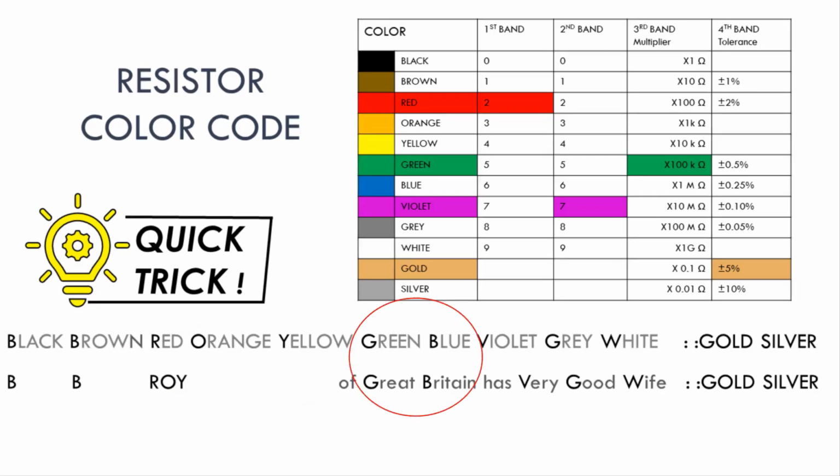Then Great Britain, Great G represents green and Britain, B represents blue. Has very good, V represents violet, and in good G represents grey. In wife W represents white. So we can remember B.B. Roy of Great Britain has very good wife.